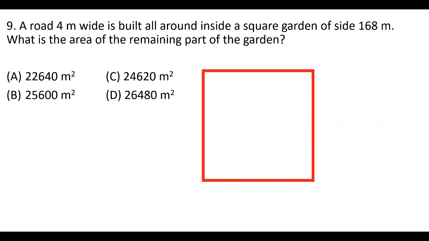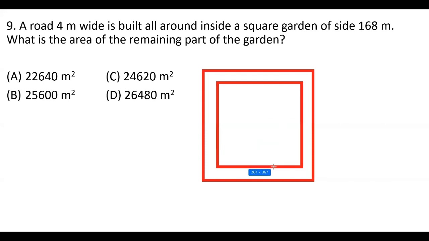That is going to be something like a square inside our square garden with 4 meter width. So it's going to be 4 meter all across. Here, let's say here, let's say here. But we also know that our square garden is 168 meter long all across.